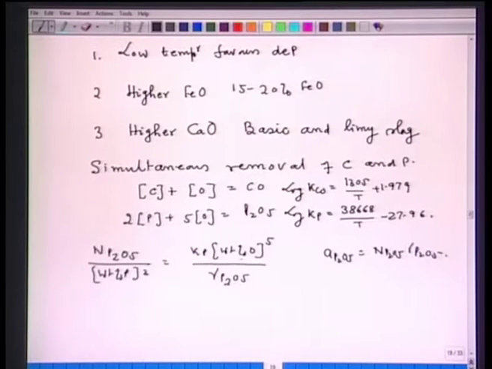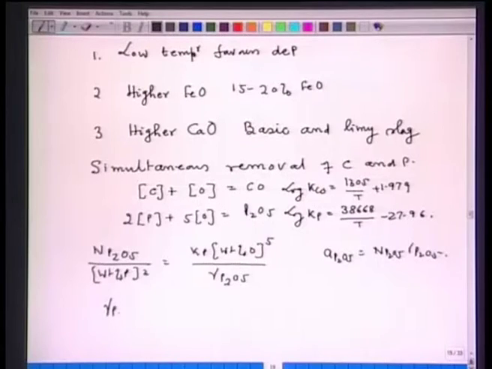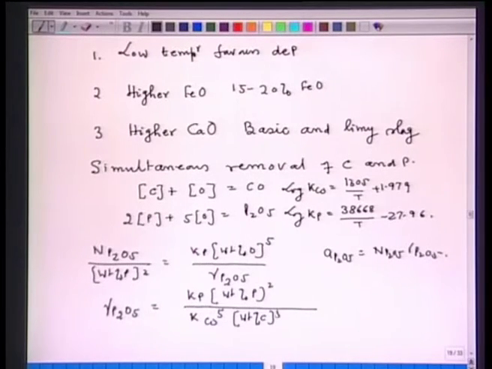Now, I have to replace wt percent O also. Already I have given the equation. So, if I substitute that value of wt percent O over here and try to get this equation, gamma P2O5 will be equal to Kp into (wt percent P) whole square upon KCO to the power 5, (wt percent carbon) to the power 5, Np2O5.